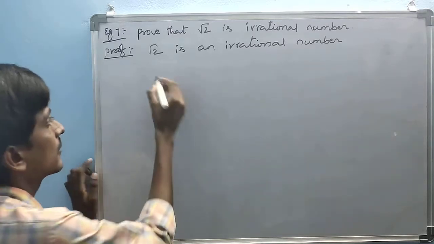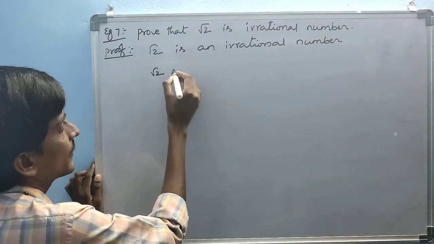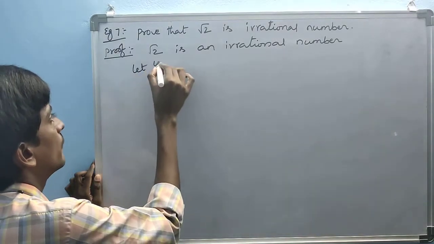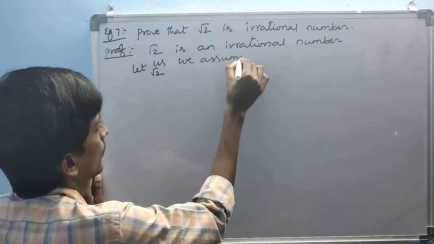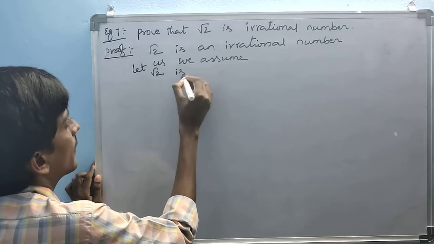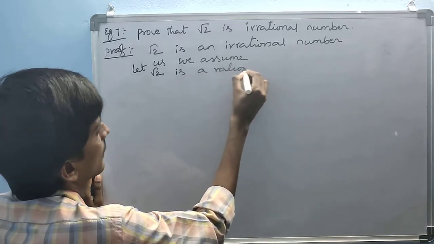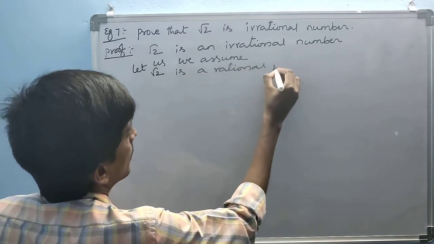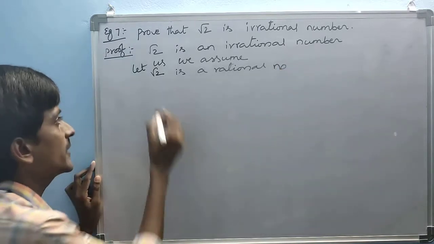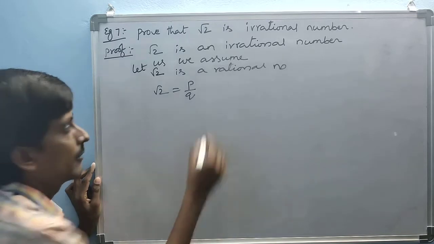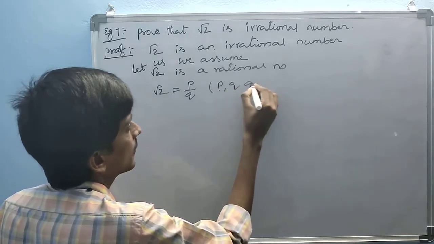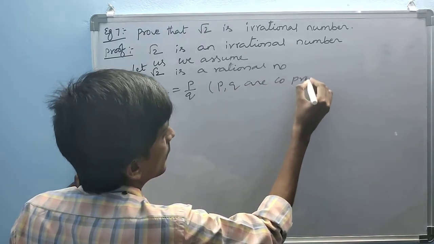Simply I will say again. Let us assume root 2 is a rational number. Root 2 is a rational number means root 2 equals p by q, where p, q are co-primes.